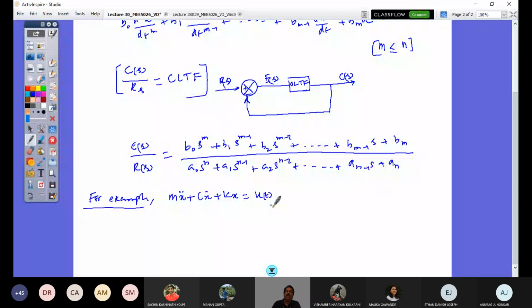This e of t can be 0 for an eigenvalue problem or perturbation analysis to look at the stability of your system, or to find out the natural characteristic of the system.